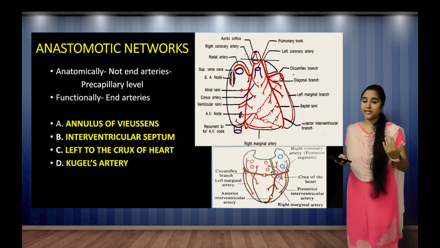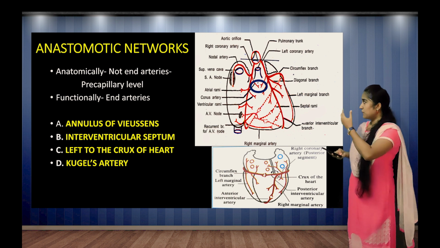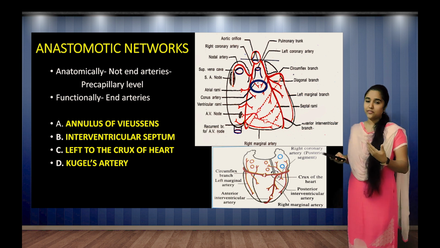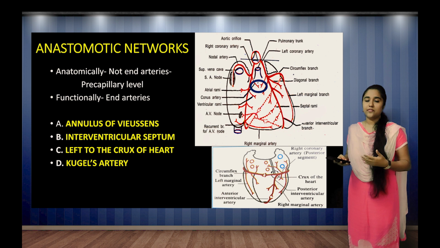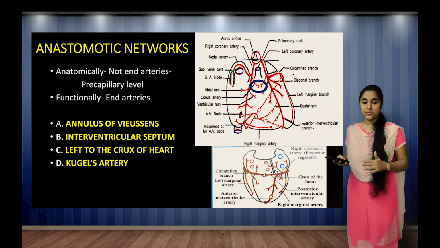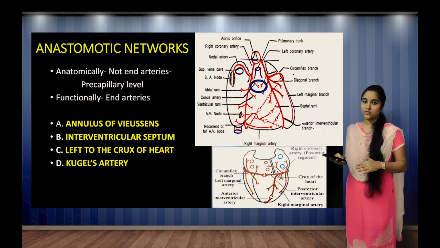So, we have seen the right conus artery supplying the infundibulum of the right ventricle. Similarly, you have seen about the left conus artery. So, both these conus arteries form an anastomotic necklace in front of the infundibulum, and that is referred to as the annulus of Vieussens. So, that is the first anastomotic network, annulus of Vieussens, formed by the anastomosis between the right and the left conus arteries.